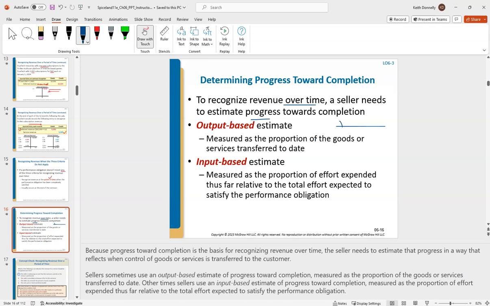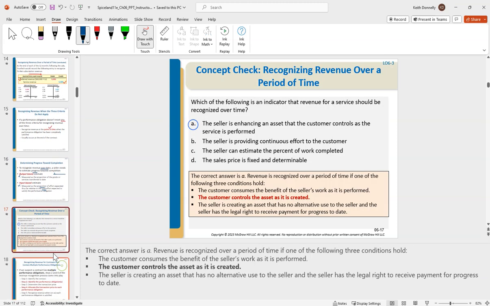And in this framework, they have an output-based method that says, hey, up to today, what is our proportion that we've transferred over to them? And then an input-based method, which again is looking at a proportionality factor relative to the total effort needed. It's basically just saying, hey, as you earn it, there's different ways we could capture that, but it's not recognizing it up front, it's recognizing it over a period of time, incrementally.